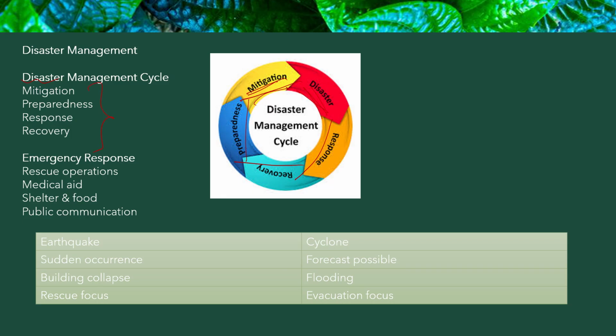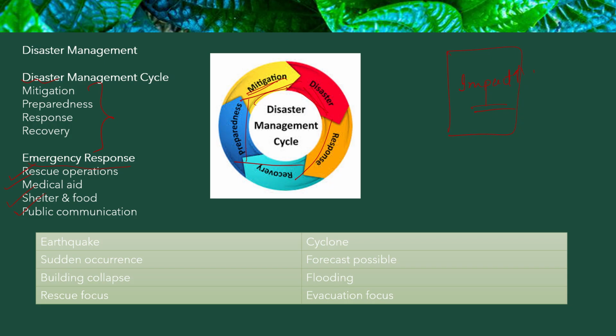This is a cycle. Now, emergency response: you undergo rescue operations, medical aid should be there, shelter and food, and public communication so as to know where the impact was more. So communication plays a key role.